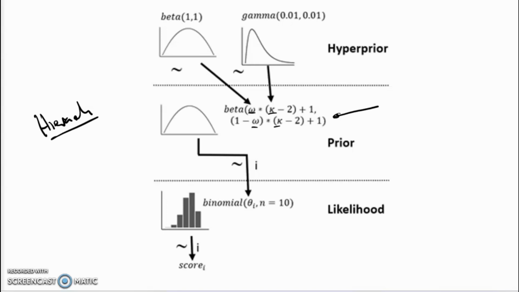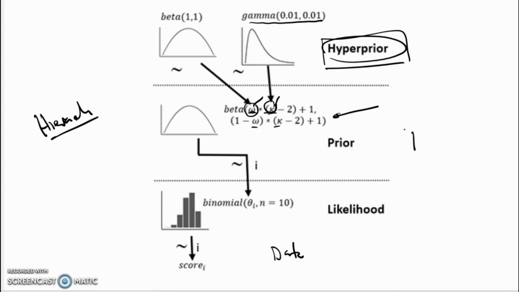And the posterior values of omega and kappa are going to be determined by runjags as it goes on its random walk. And those values are going to be a balance between their hyperpriors. And their hyperpriors are going to be, as shown here, a gamma distribution for kappa, a beta distribution for omega. The posterior values of omega and kappa are going to be a balance between the hyperpriors and the data.